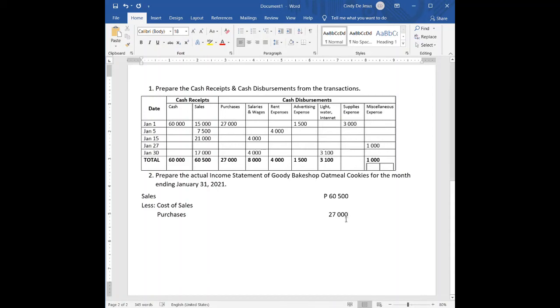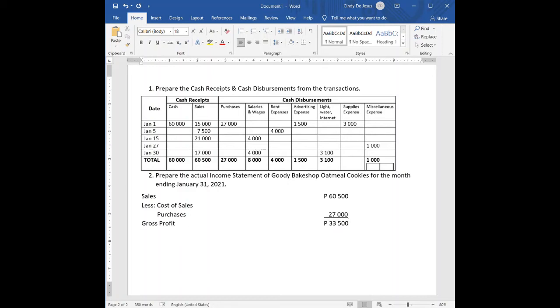Okay, so you will minus that. You will subtract the cost of sales from the sales. So your gross profit now will be the difference of the two. And that's of course 33,500.